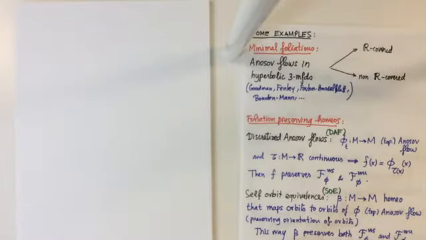So the main example I will be interested in about minimal foliation in hyperbolic manifolds comes from anosov flows in hyperbolic tree manifolds. So anosov flows in hyperbolic tree manifolds are known to exist since the 80s by the work of Goodman.